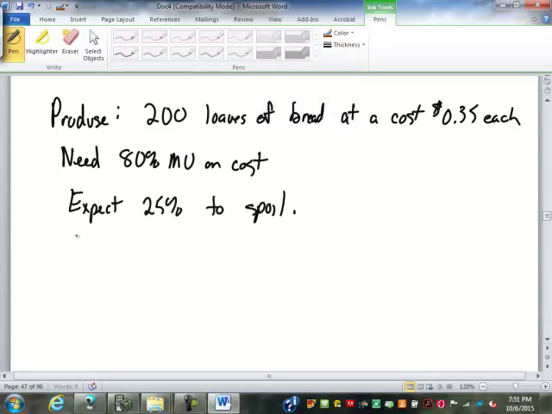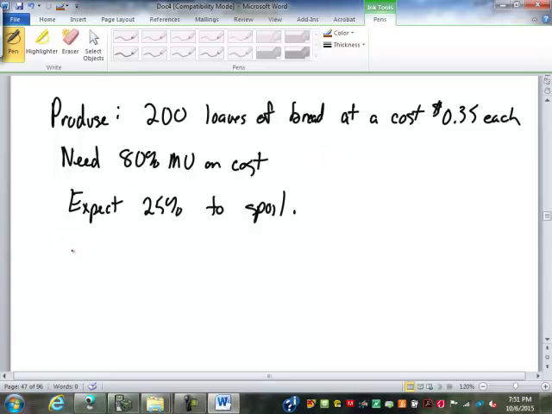But here's the difference. By spoilage, again, it doesn't necessarily mean it goes bad. Bread is usually sold the next day. If it's not sold the next day, it's considered not fresh anymore.